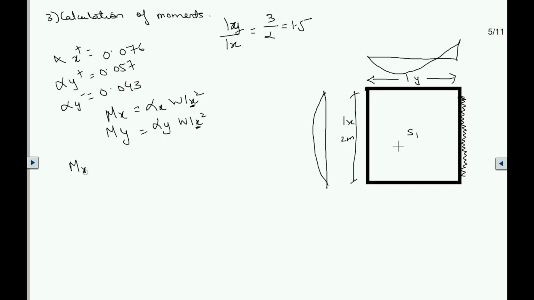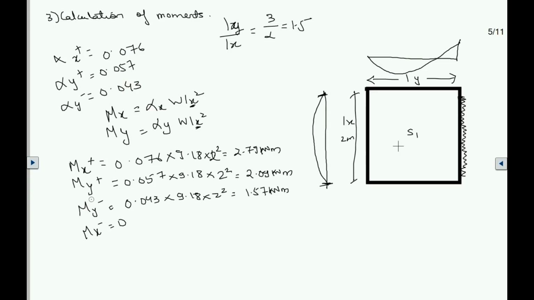So Mx positive will be 0.076 into 9.18 into Lx is 2, so 2 square, and that will be 2.79 kN per meter. Similarly, I'll calculate for My positive and My negative. Naturally Mx negative is 0 because it is 0 here and it is 0 here.